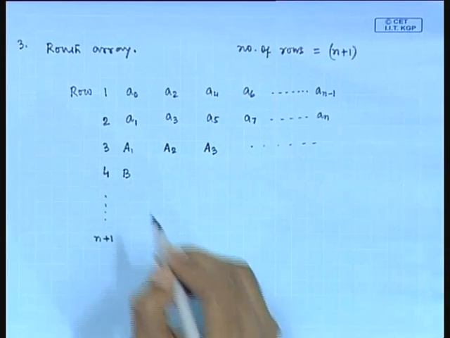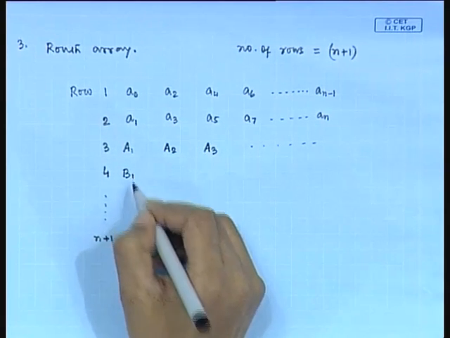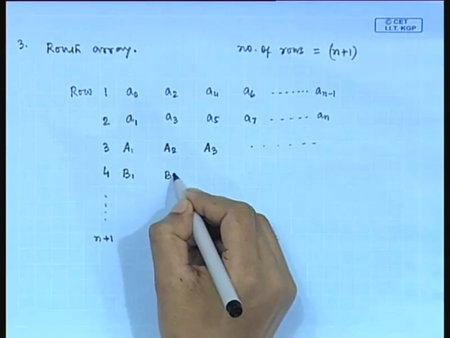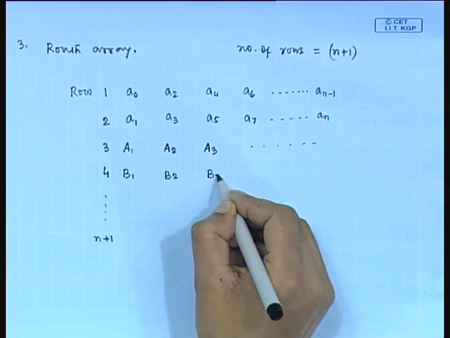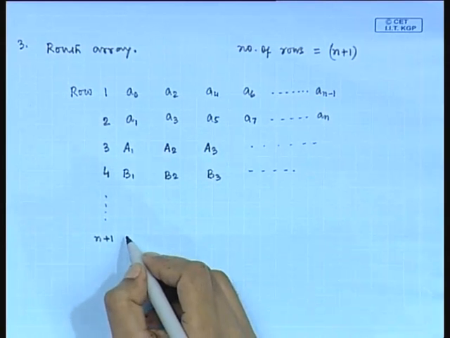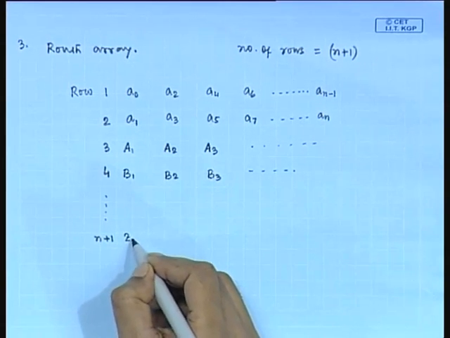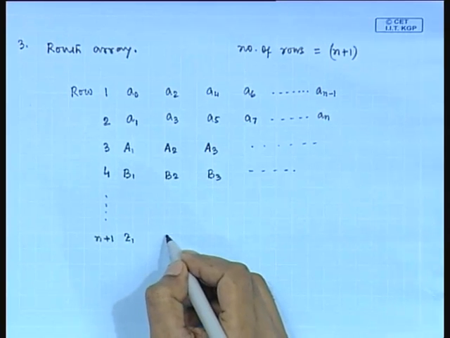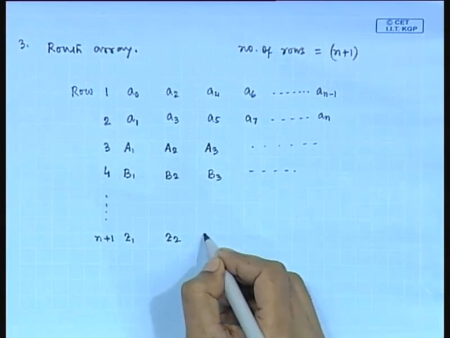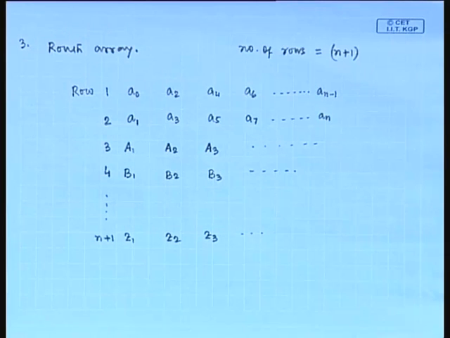The elements of the fourth row are assumed B1, B2, B3, and the elements of the last row, n plus 1 row, are Z1, Z2, Z3. Fine. This is the Routh array.